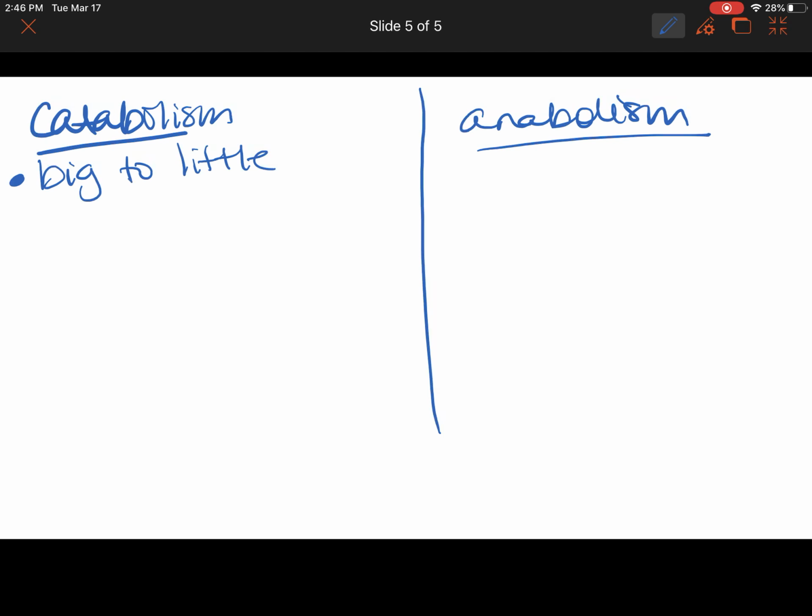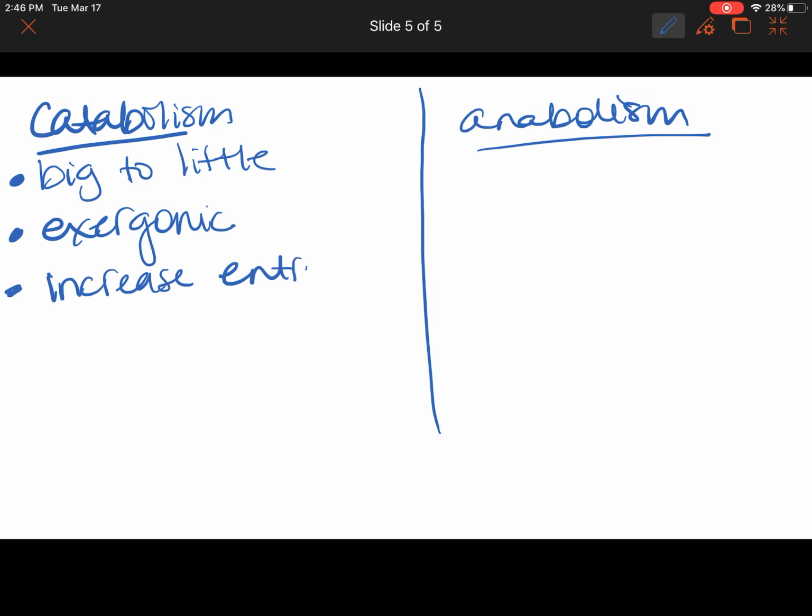So breaking big molecules down into smaller pieces. Catabolic reactions tend to be exergonic. They tend to increase entropy. They are spontaneous.